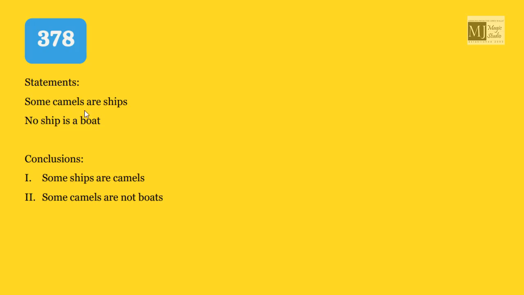Some camels are ships. So we have camels and we have ships. Some camels are ships. No ship is a boat. That means we will have one more circle in the Venn diagram for boats, but no ship is a boat.